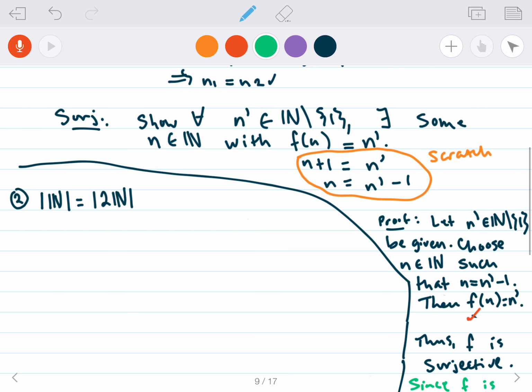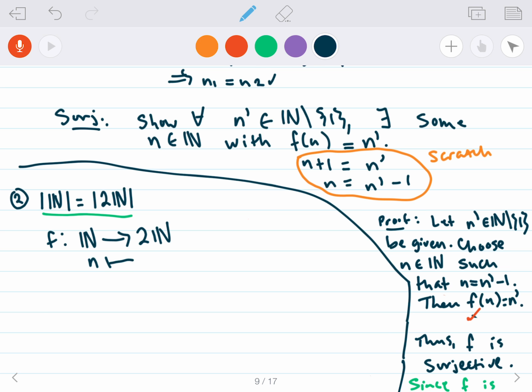Okay, let's show that the natural numbers are as big as the even natural numbers. This isn't too hard to show. How are we going to pair every natural number up with the even numbers? Maybe we'll send every natural number to 2 times that number.